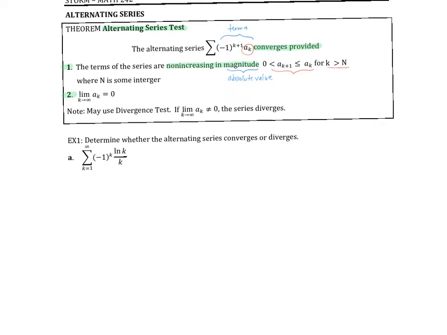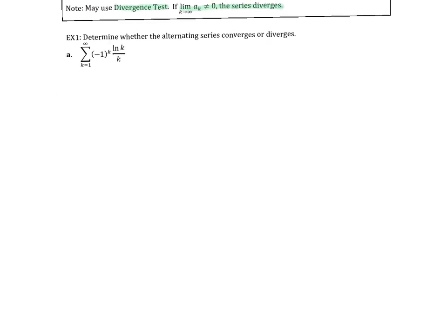However, we can use the divergence test. So if you take the limit and it's not equal to 0, then you can conclude that the series diverges. So oftentimes when I use the alternating series test, I actually do the limit first, because if it's not equal to 0, then I can conclude that my alternating series diverges. And then I'll check number 1 second.